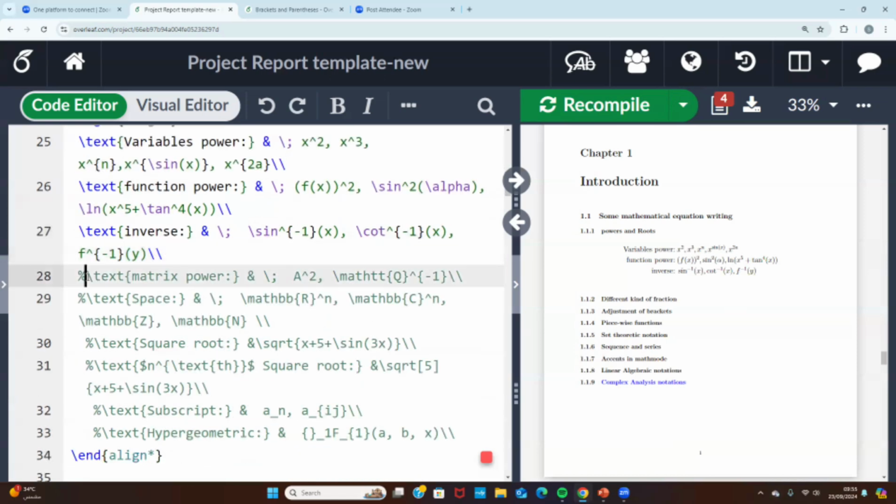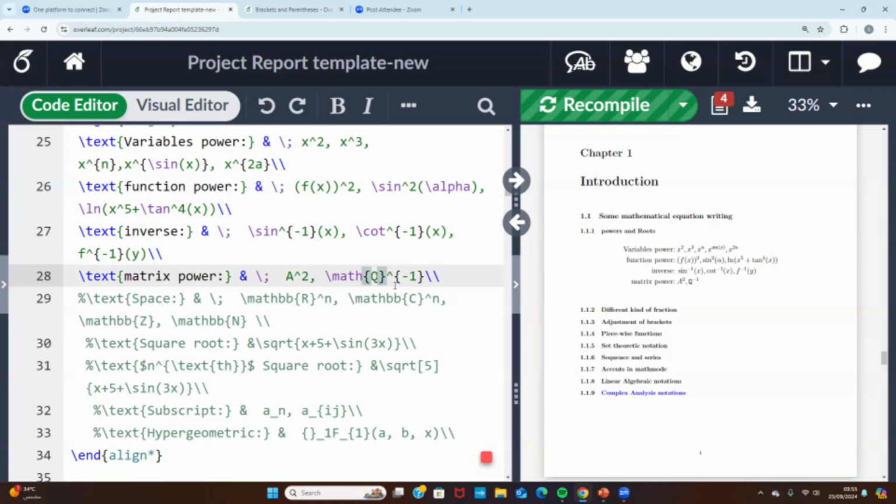Now matrix or set power. A matrix we generally denote by a capital letter. So if A is the matrix and you want to denote A square, this is A to the power 2. And also the matrix inverse, you can denote like this: Q is equal to Q inverse. And here math TT, just write it here to show it differently. You can write it in a different way.